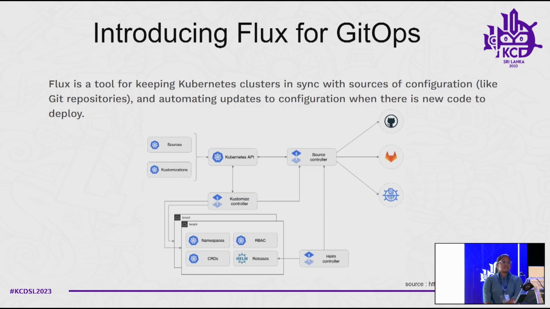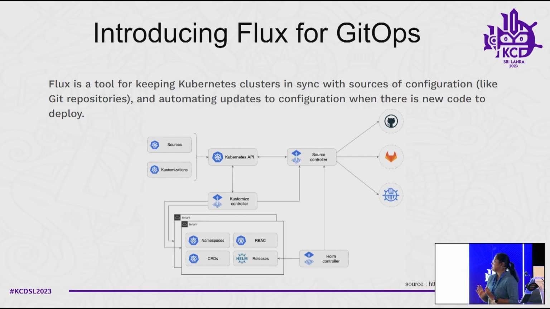So, as I said, Flux is a tool for keeping the Kubernetes clusters in sync with sources of configurations like Git repositories. So with that, we can automate the updates.